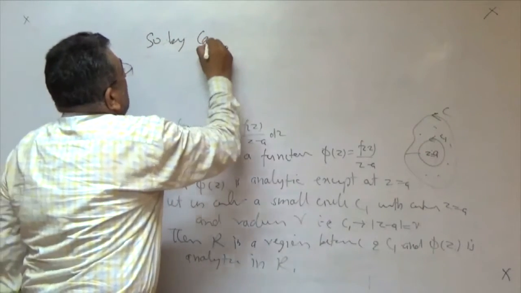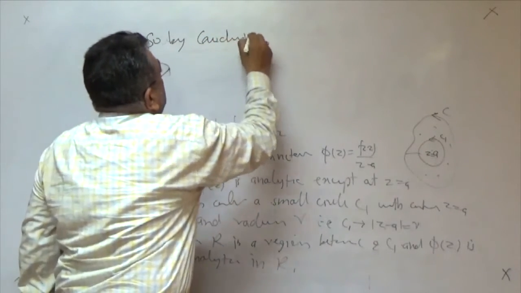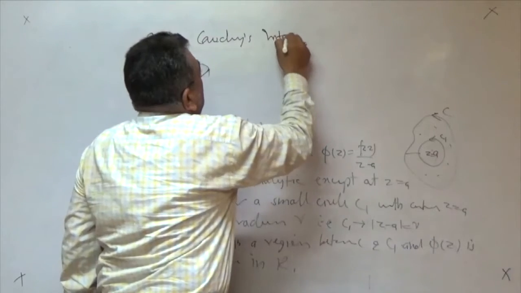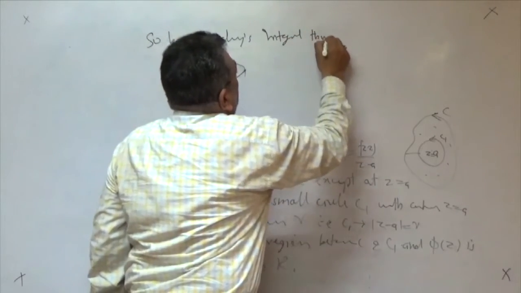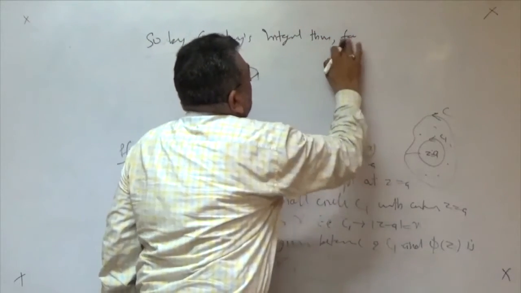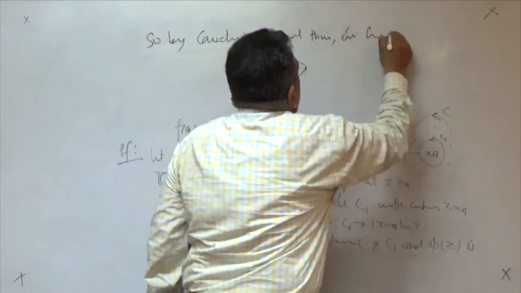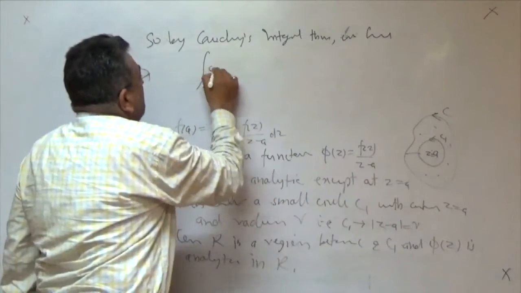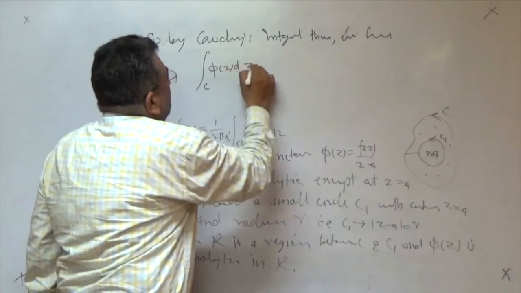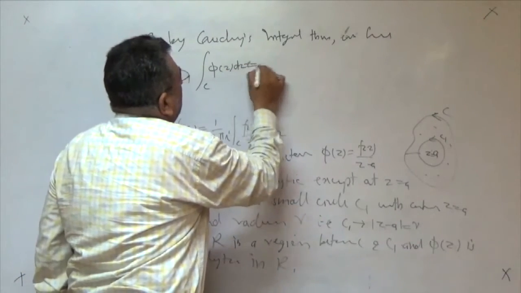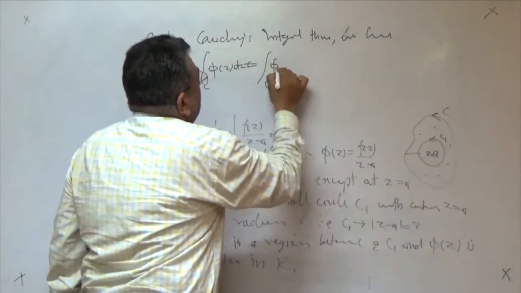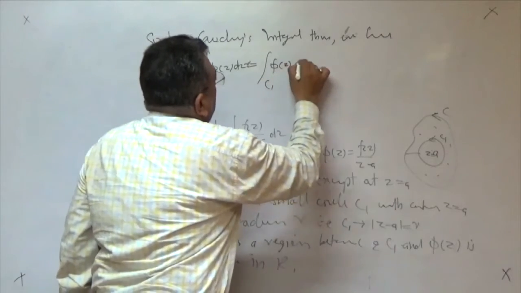by Cauchy's integral theorem for a multiply connected region, we have the integral over C of phi(z) equal to the integral of phi(z) along C1.